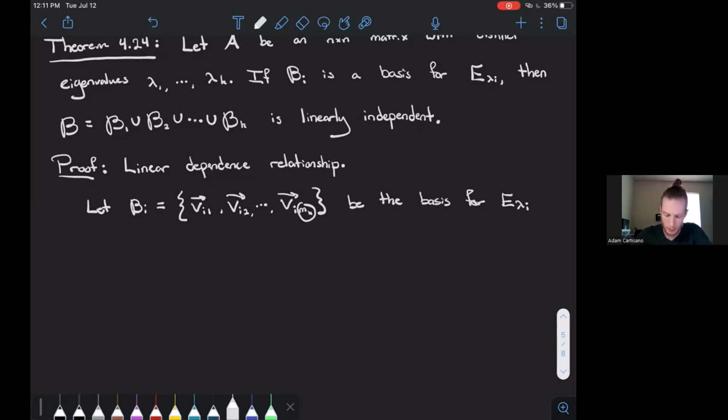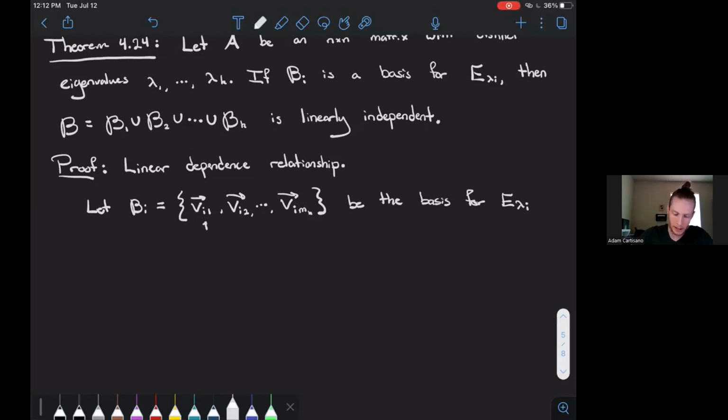But I don't know what this number is, right? This is the dimension of the eigenspace. And all the eigenspaces could have different dimensions, especially if we're looking at a 14 by 14 matrix. You could have a 4-dimensional eigenspace and then a 6-dimensional other eigenspace, and then a 2-dimensional and two 1-dimensional eigenspaces, right? Sky's the limit. We can have some pretty gnarly things, and we have to catch all of them with this proof. So that's what all the subscripts are about.